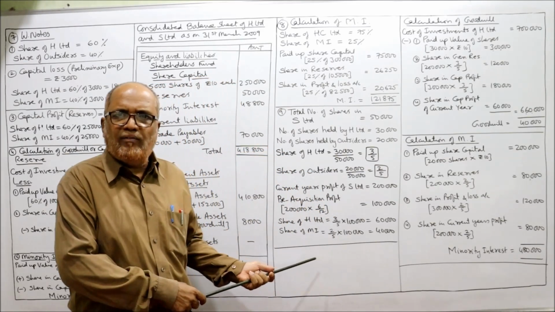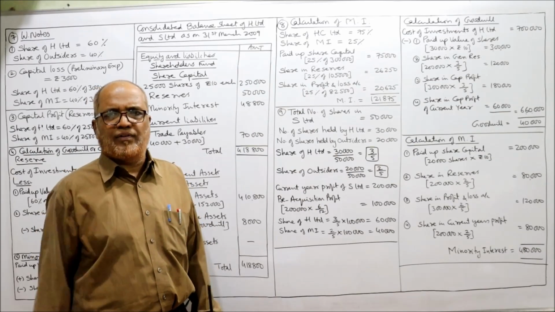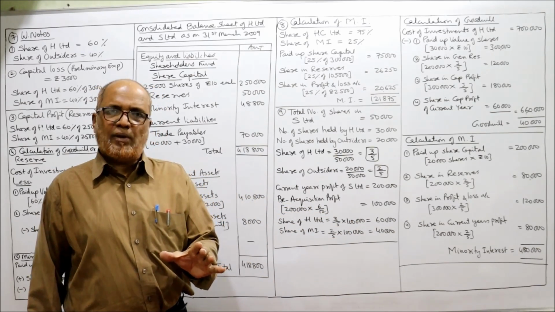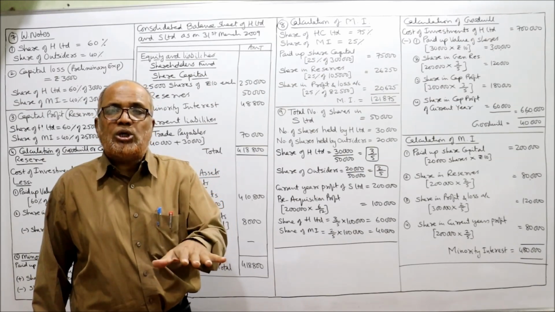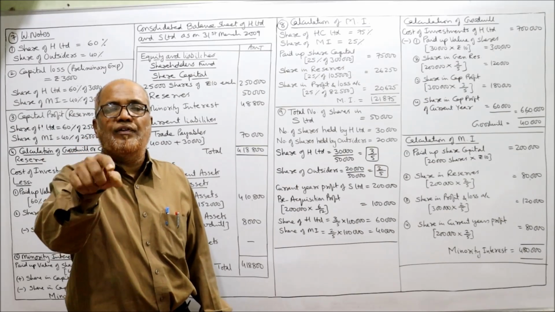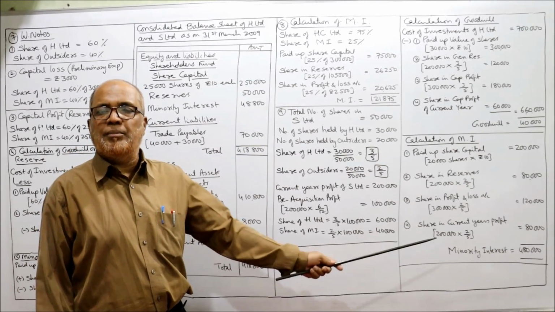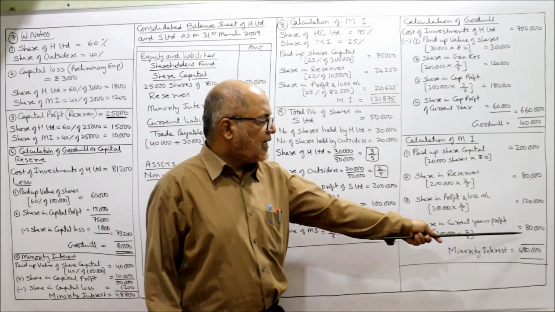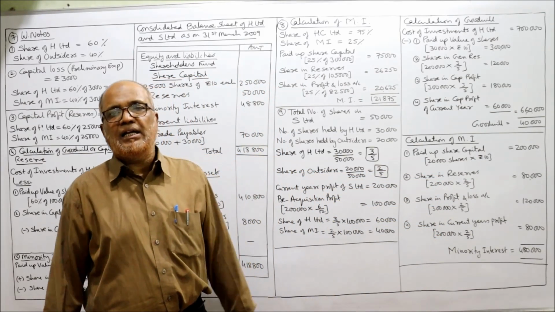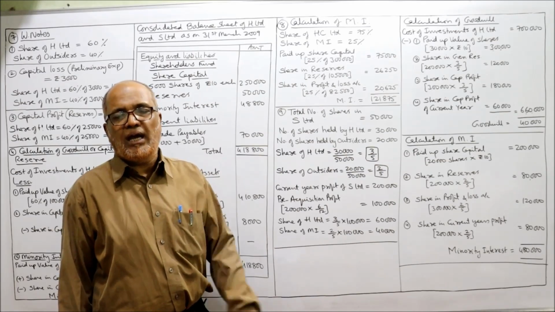For calculating goodwill, we have to segregate capital profit and revenue profit. But from the minority interest point of view, they want complete profit. So current year's total profit is 2 lakh. In that 2 lakh rupees, 2/5 is the share belonging to minority interest, 80,000. Now take the total of all these 4 items. 4,80,000 is the minority interest.